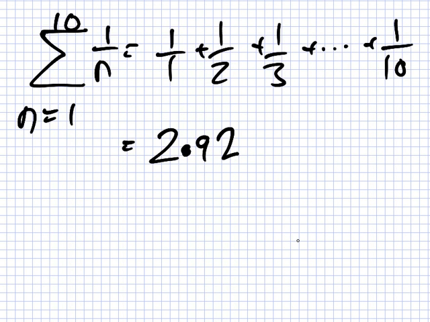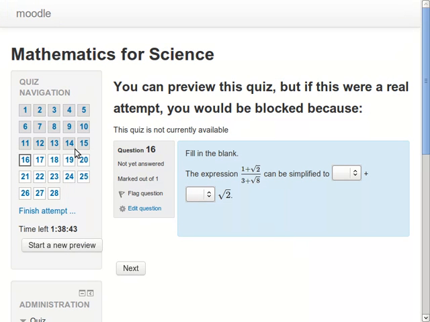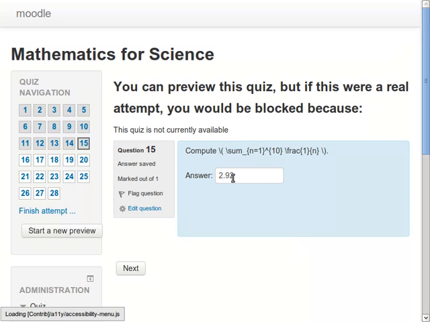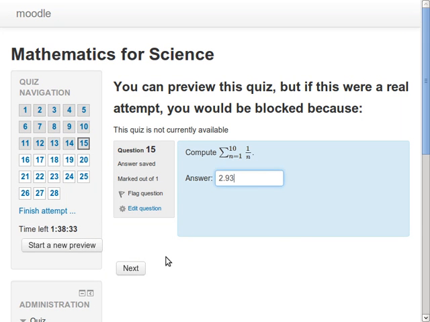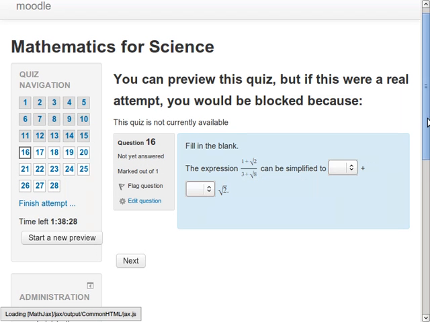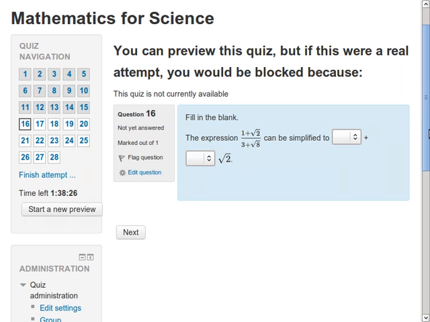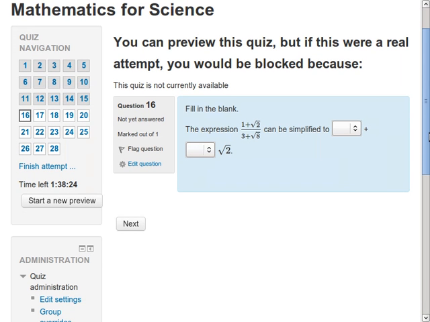Oh, 2.929, so it's 2.93? Oh, hang on, I'll have to go back then. I want to make sure I get 10 out of 10. Right, 2.93. I don't think you can get the mark anyway. No, three significant figures.